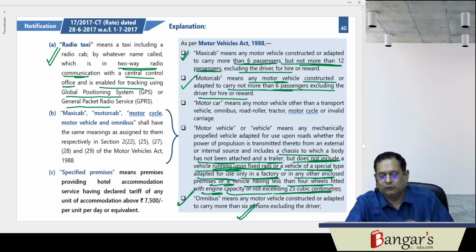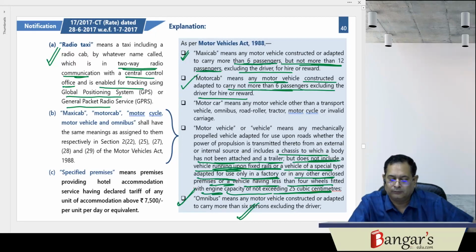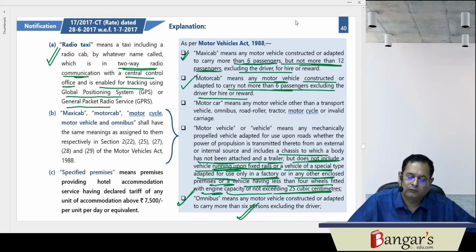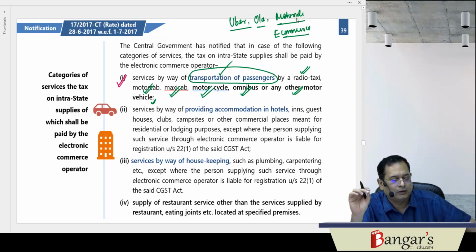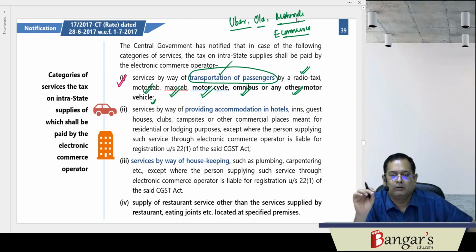So fundamentally, number one is these Ola, Uber, etc. They are the e-commerce operators engaged in providing service by way of transportation of passengers by a radio taxi, motor cab, maxi cab, motorcycle, omnibus or any other motor vehicle.